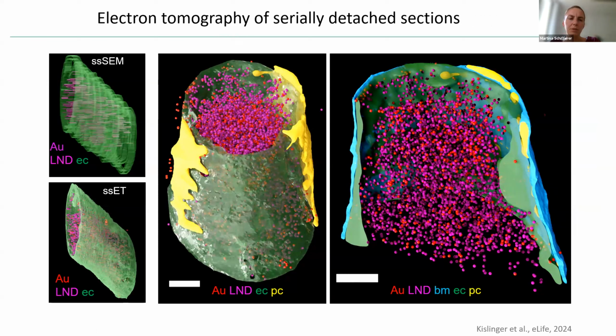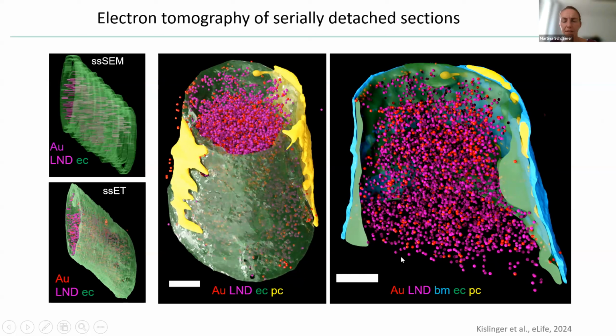So George, who is basically pioneering this approach, was able to collect here 8 subsequent sections, and you can see that here this is a very rough reconstruction due to the thickness of the serial sections, and this is the reconstruction of the serial tomography images.